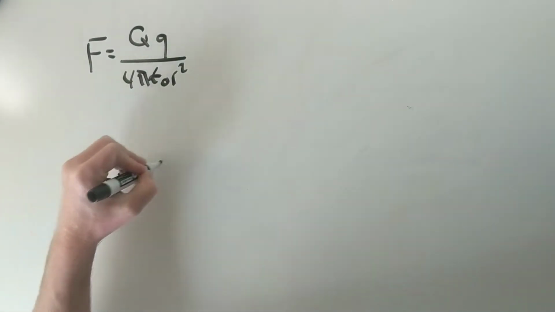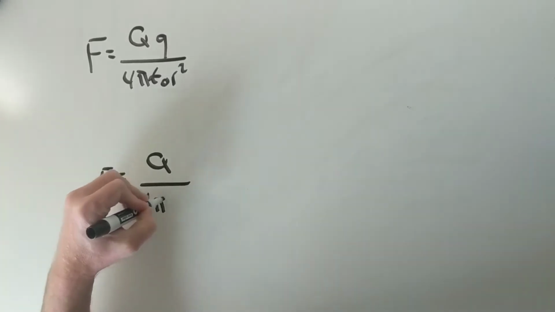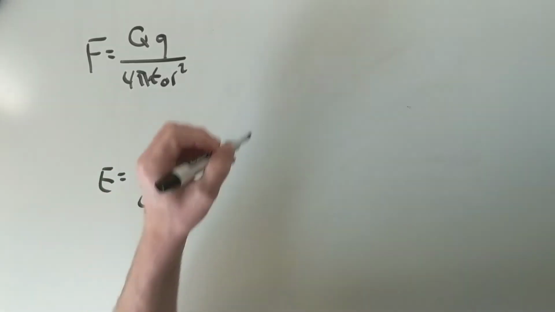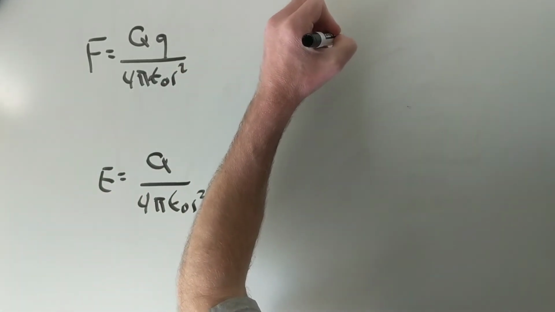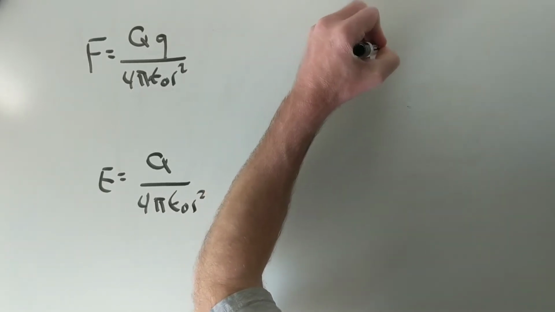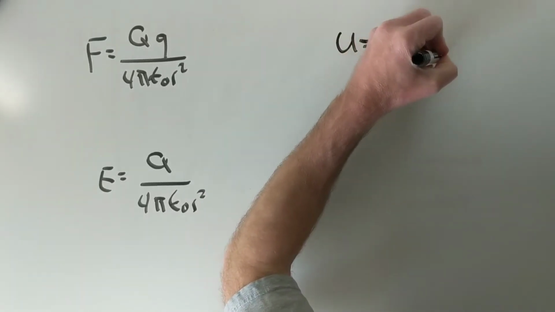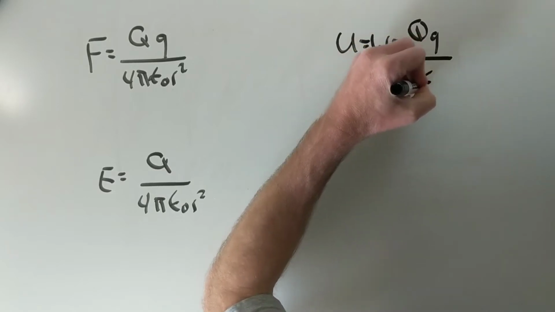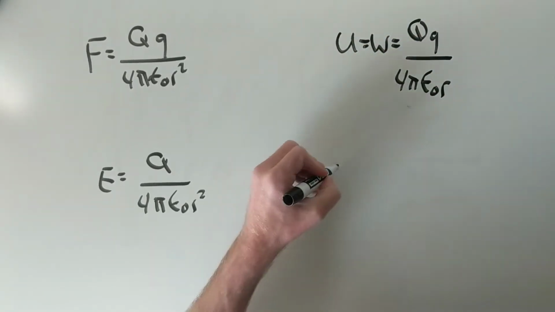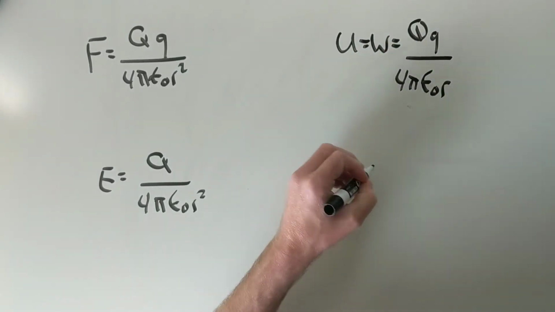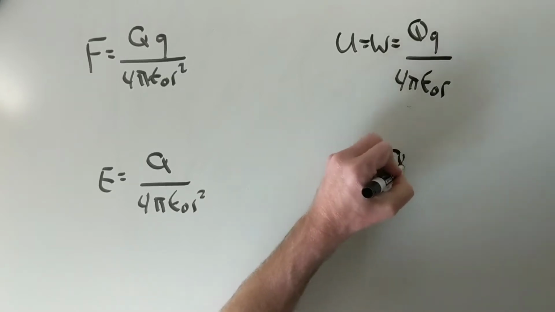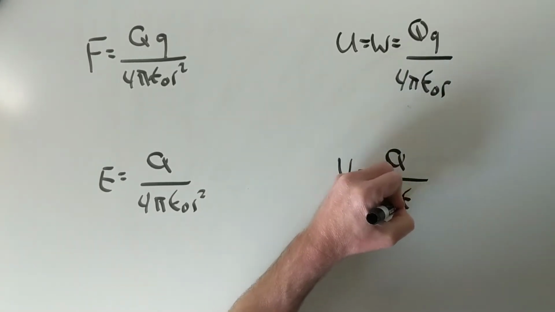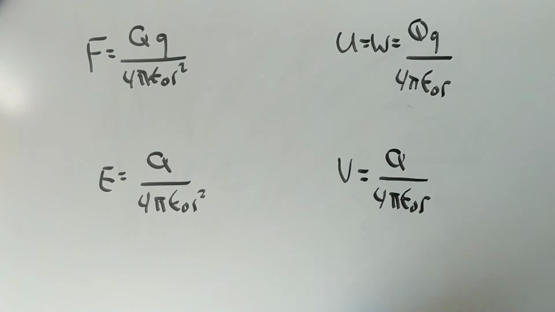The electric field is Q over 4 pi epsilon naught r squared. Here we have the work that's done, or the energy, which is Q over 4 pi epsilon naught r. And then here you have the voltage, which is going to be Q over 4 pi epsilon naught r. We wanted to link these four concepts together.